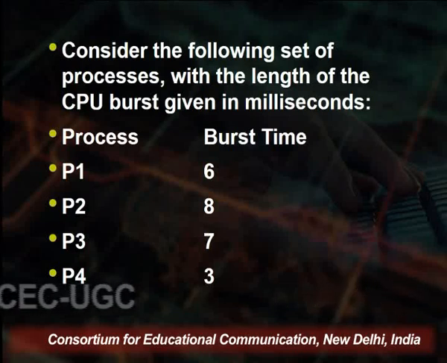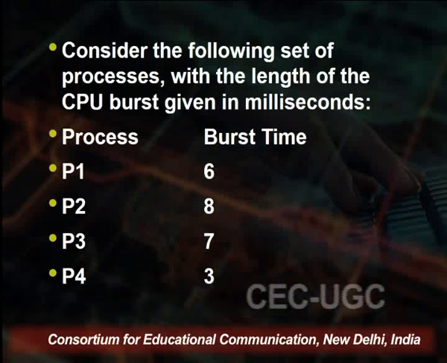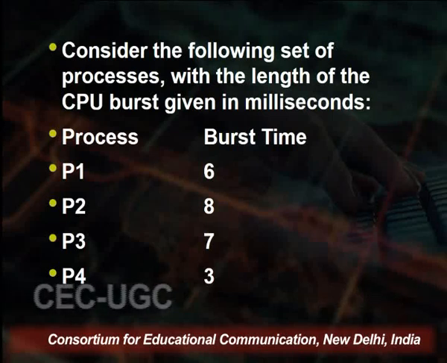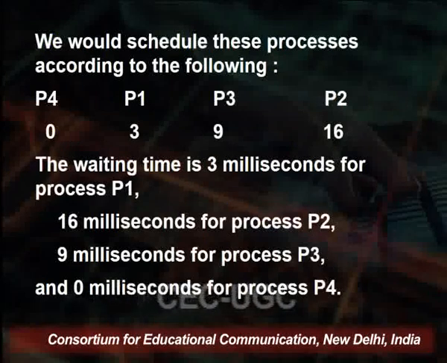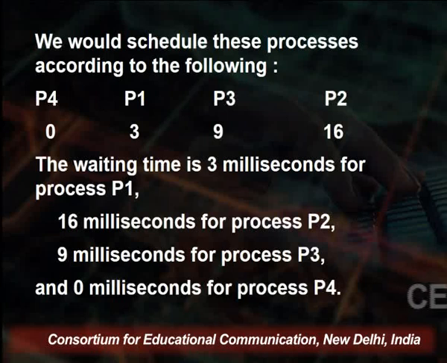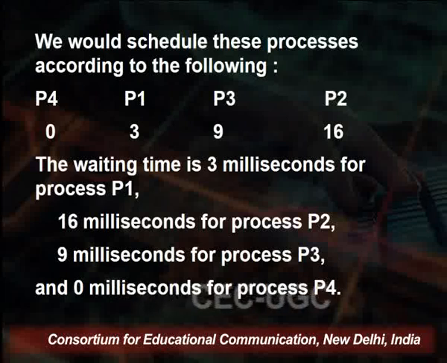So the least CPU burst is of P4, which is 3 seconds. Then we have P1, which is 6 seconds, followed by P3 and P2 having 7 and 8 seconds. So we are going to schedule our processes like this only. P4 will be given the control of the CPU at the 0th time interval, that means as soon as the jobs arrive.